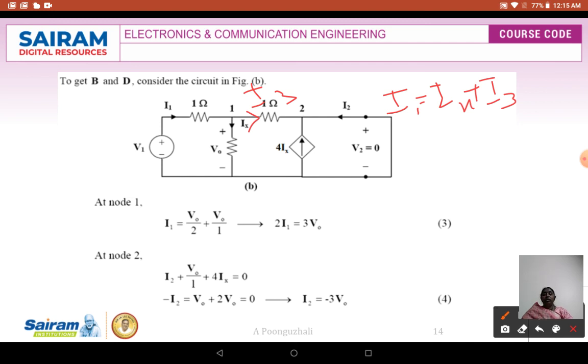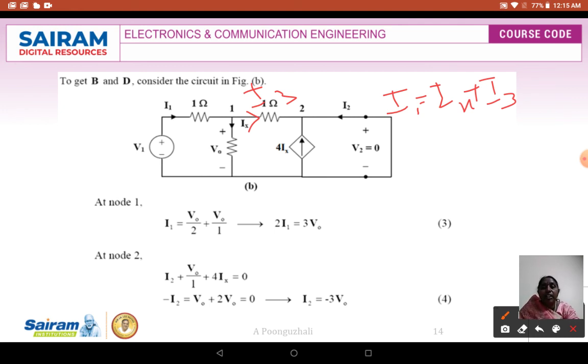Now at node 2, we know that I2 plus V0 by 1 plus 4Ix is equal to 0. So all are outgoing currents. Here this is the incoming current, this is also incoming, and this is also incoming.